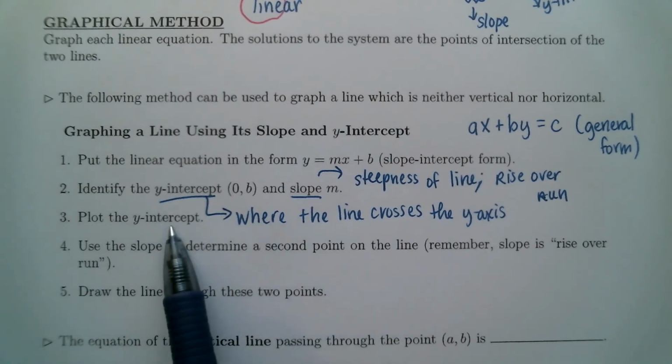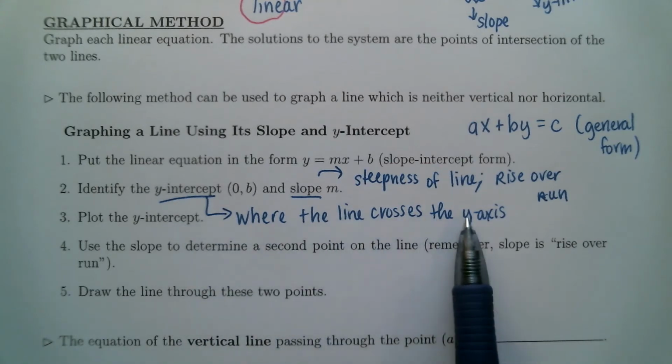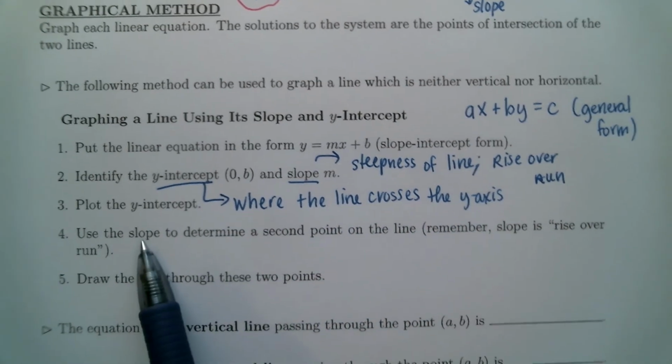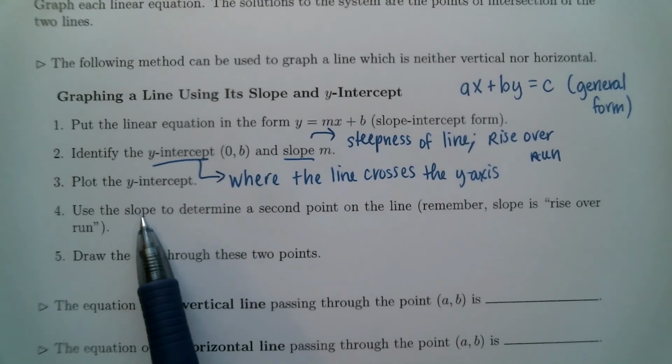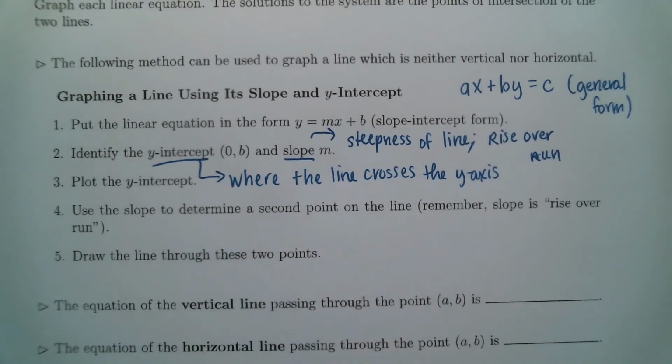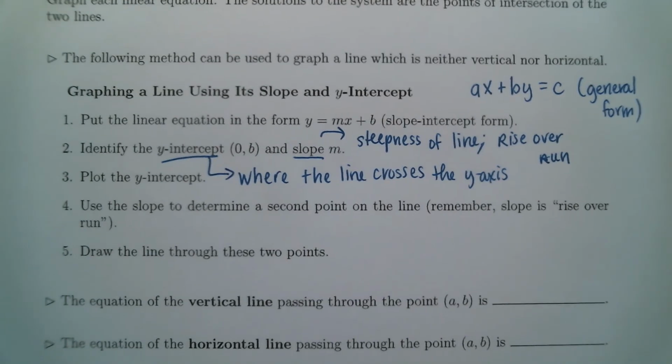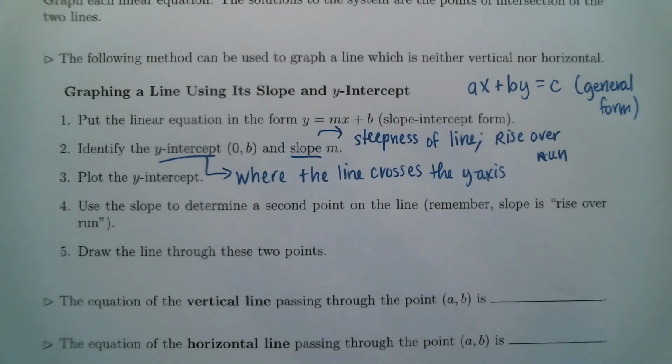Your first point is going to come from plotting the y-intercept, which is where the line crosses the y-axis. To get your second point, use the slope. From your y-intercept, you apply the rise over the run to get a second point. Then you can draw your line through these 2 points. That is how you graph a line in general.